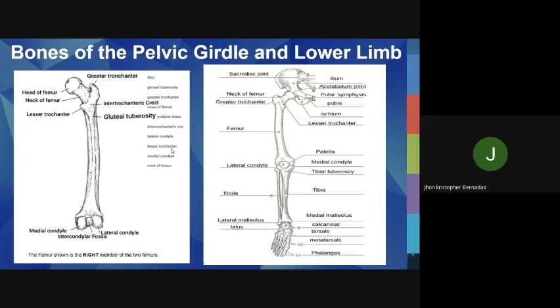Below it, we have the medial malleolus. Number 8, we have the talus. Above it, we have the lateral malleolus. And for number 9, we have the calcaneus. Tarsals. Number 10, we have the metatarsals. And for 11, we have the phalanges.